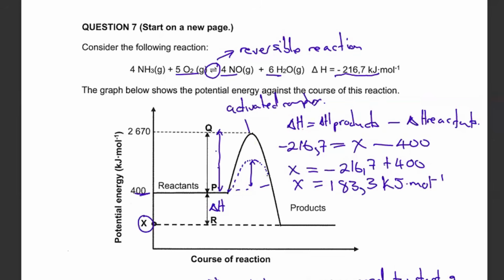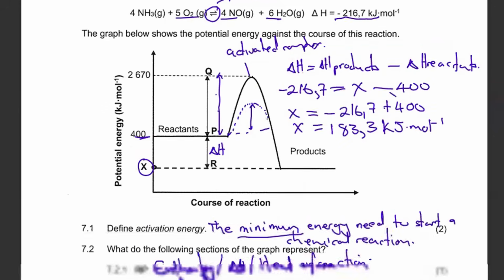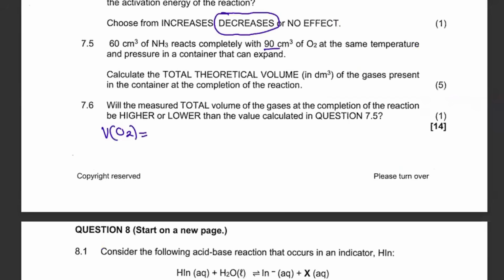So what we're going to do is start by checking the volume of oxygen that is going to react. So the volume of O2 that reacts is equivalent to 5/4 multiplied by 60, like that.